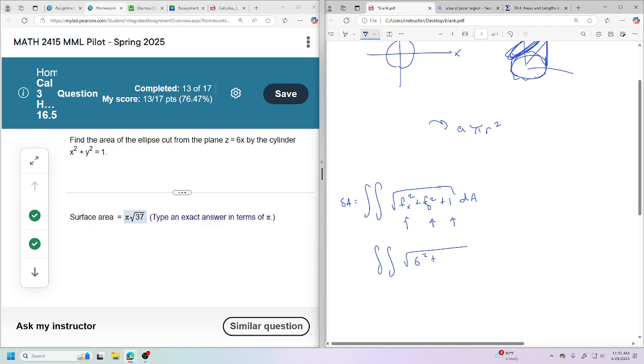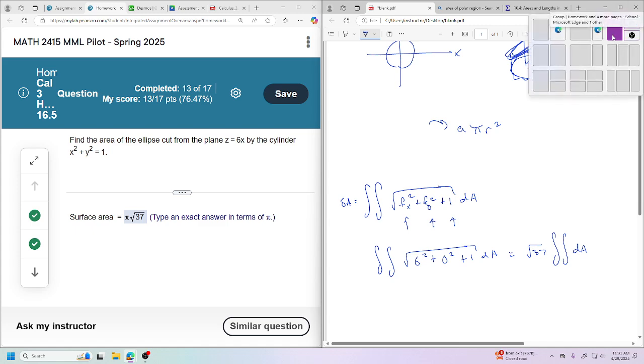And I square it, derivative in terms of y, and I square it, dA. So you can see what I'm going to have. That's 37, and that's how they're going to get the answer there. And so I'm really saying here, the area times the square root of 37.